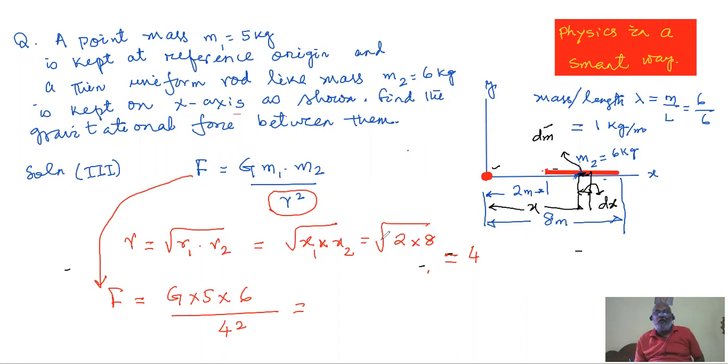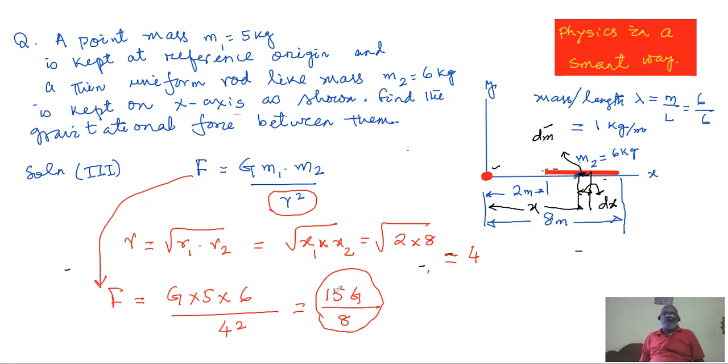Thereby we got the answer, that is 15G by 8. Already you know solution number 2 was correct, and number 3 gives an identical result. If you compare solution number 3 with solution number 2, you know solution number 3 is quite smart, and our way is physics in a smart way.